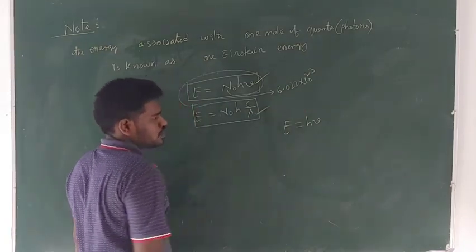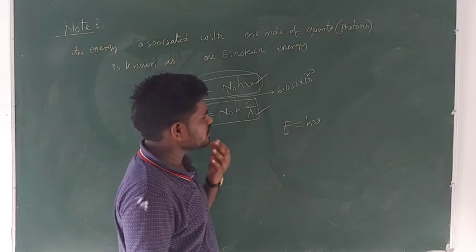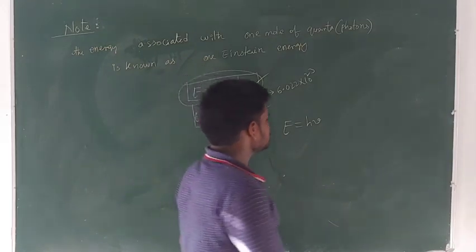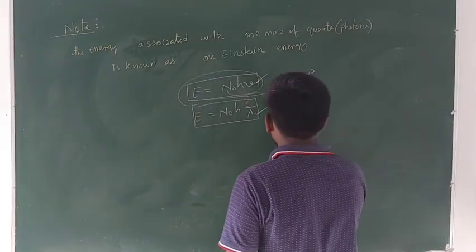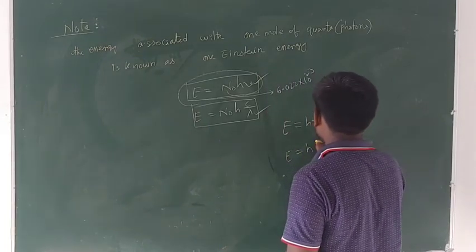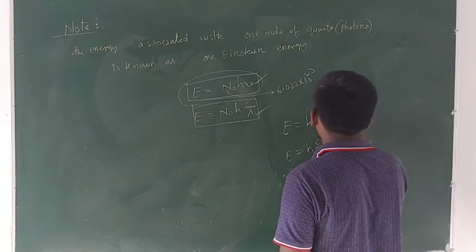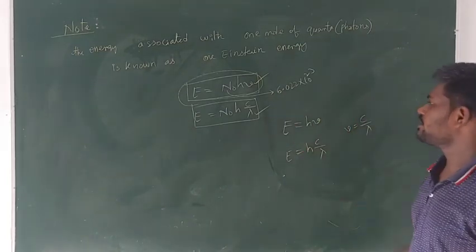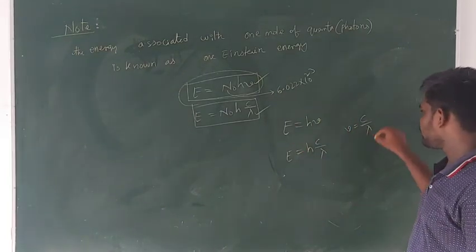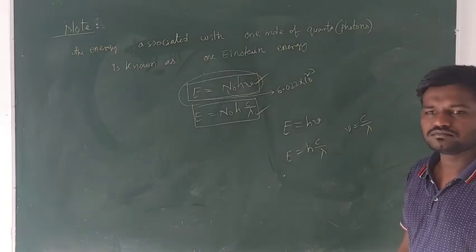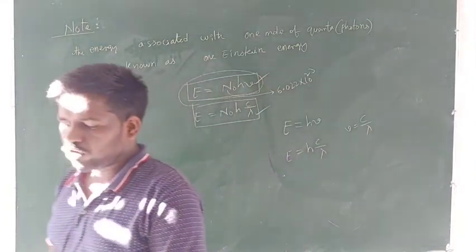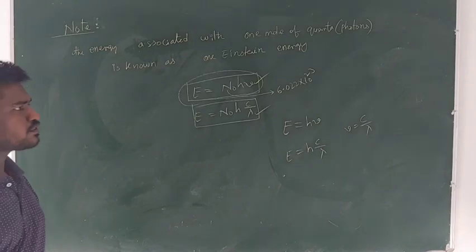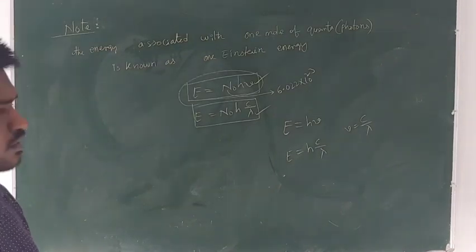Also, to find the energy of a photon, if frequency is given, you can use this equation, or you can use E is equal to h c by lambda, because nu is equal to c by lambda. That's why in both equations, instead of nu, you can take c by lambda. So next, let us see some problems based on Planck's quantum theory or these equations.